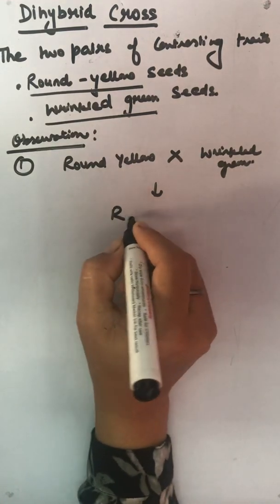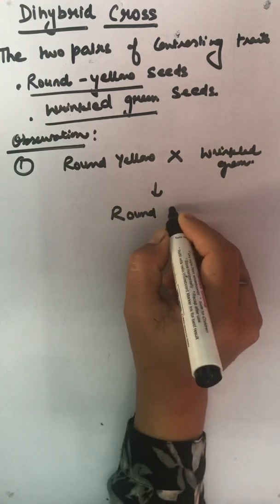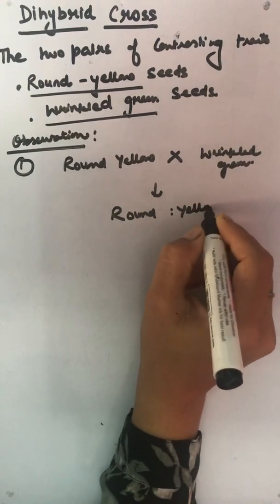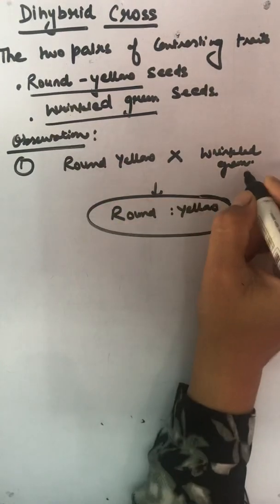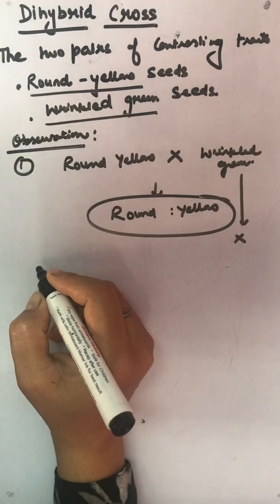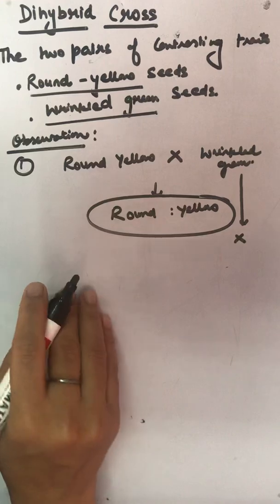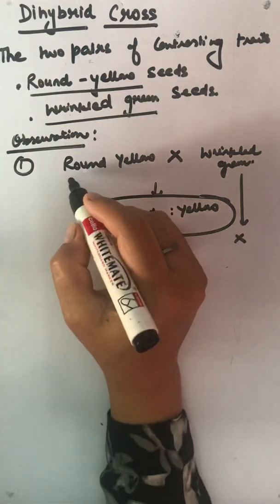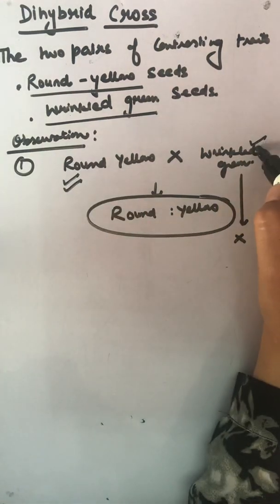Means the F1 generation was round and yellow. No wrinkled green observed. From here, it can be easily generalized that this one is a dominant trait and this one is a recessive trait.